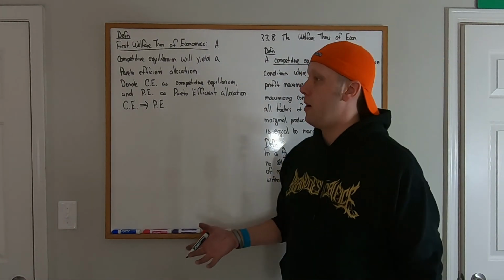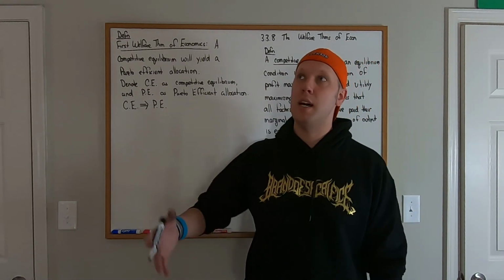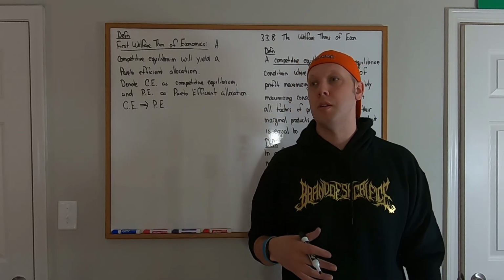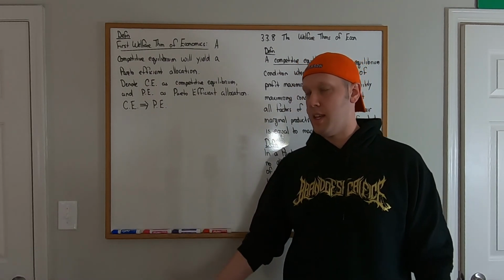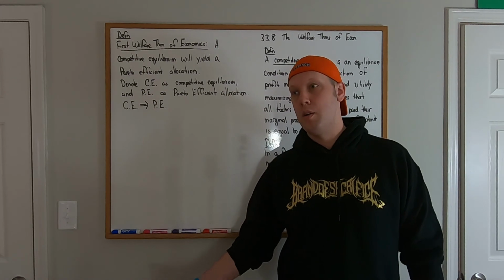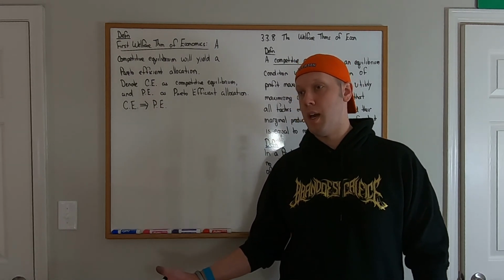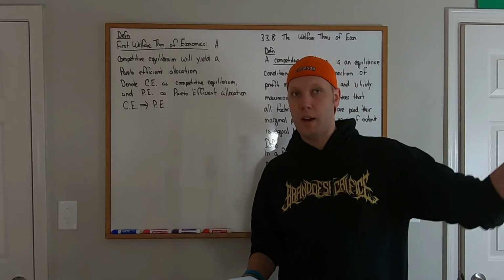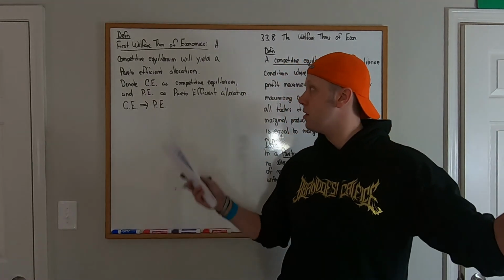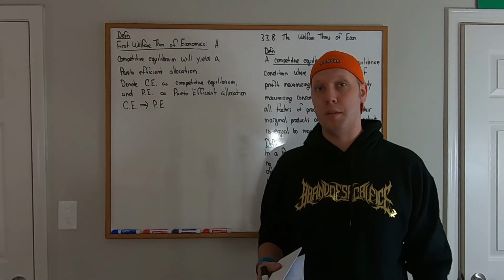This does say, however, let's say I want to take $10,000 from a super rich person and provide $10,000 of health care to a super poor person. Well, if that poor person is made much better off than that rich person is made worse off, that could guarantee a Pareto efficient allocation.